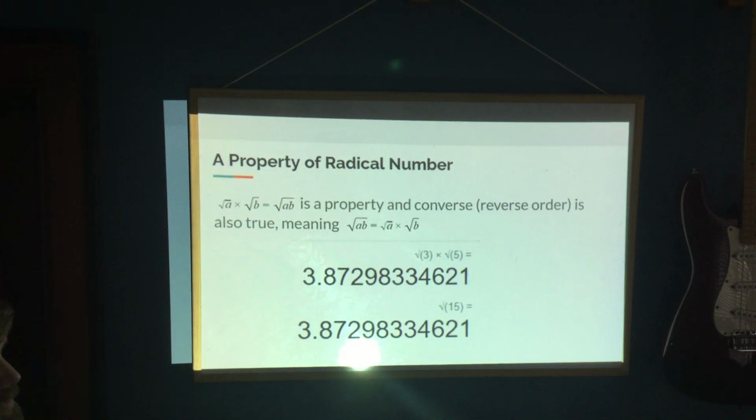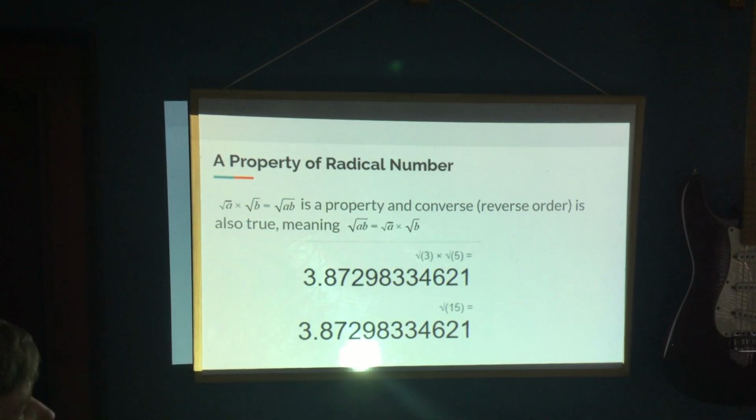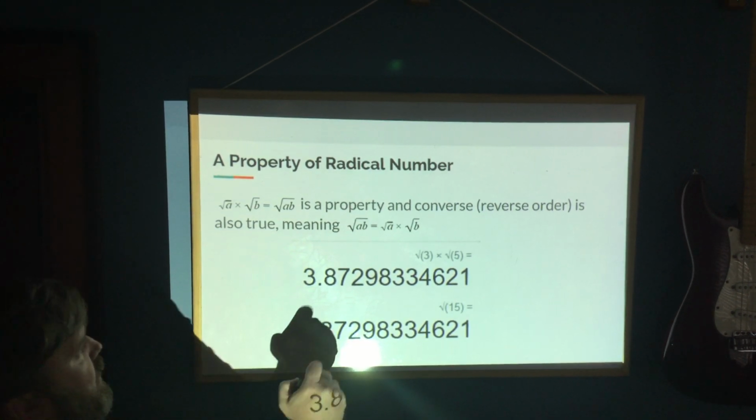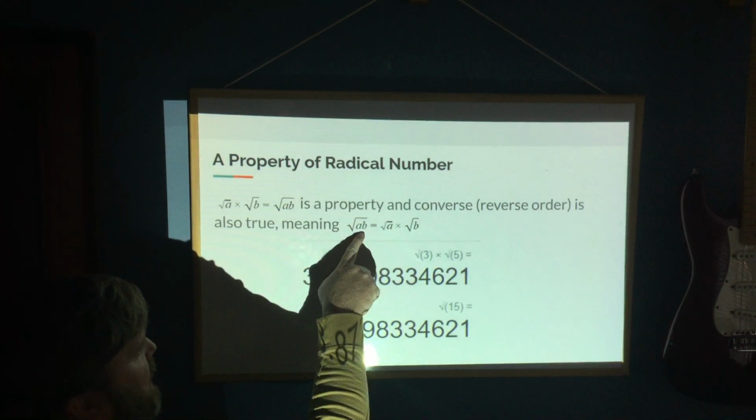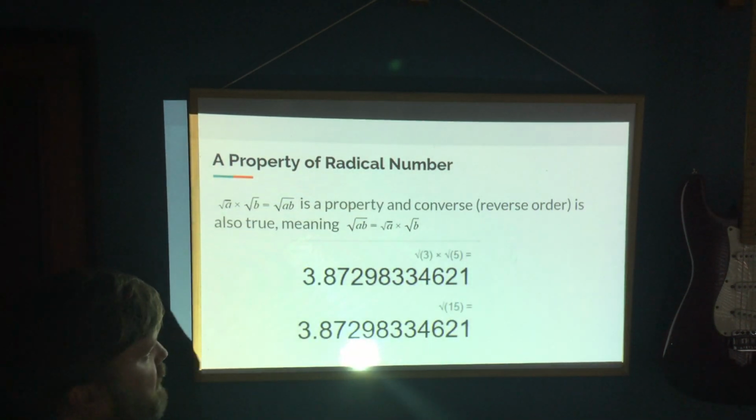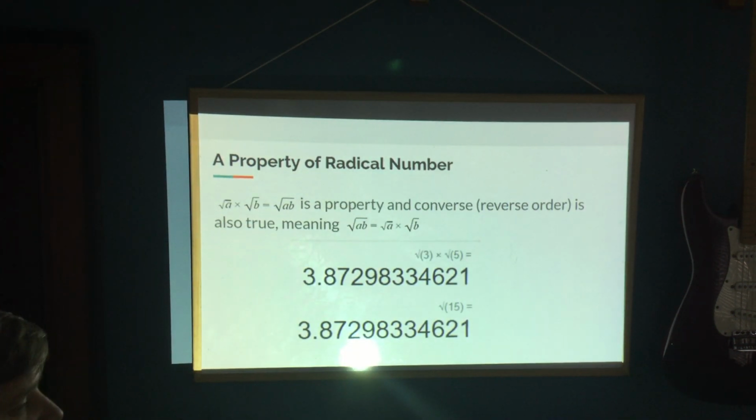And the converse of that is also true, and the reverse order of it. So you can start with a number, A times B, and then split it up into 2 square roots. Okay? We're actually going to take advantage of this idea when we go to simplify square roots. And you'll see what I'm talking about.